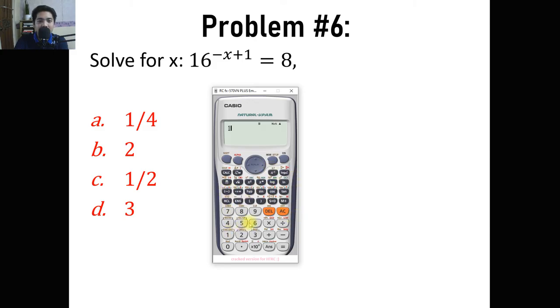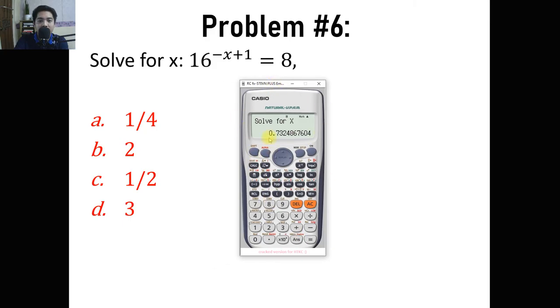So again, for problem number 6, it's very easy, right? We have 16. Solve for x. 16 raised to negative alpha x plus 1, and press the right side of the replay to escape the exponent. So we have alpha equals 8. Shift solve. Whatever value the calculator solves here would be the answer because we are finding x. So 1/4, 0.25, which is actually 1/4 also.